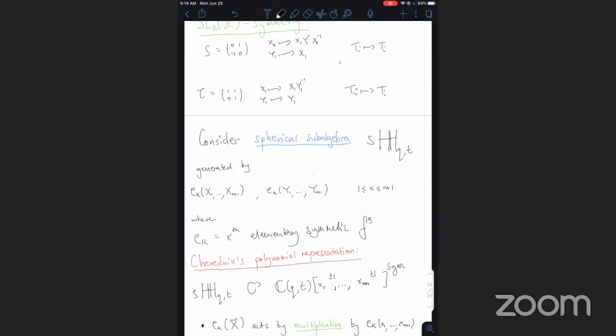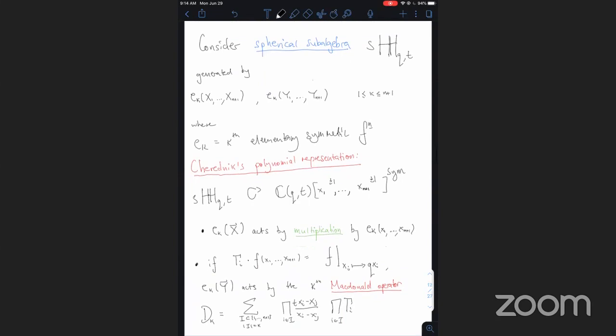It's a representation of this spherical double affine Hecke algebra on the space of Laurent polynomial functions in n+1 variables. Let's call these variables little x1 up to little xn+1. And in fact, the action preserves the subring of symmetric Laurent polynomials in those variables. And it looks the following way.